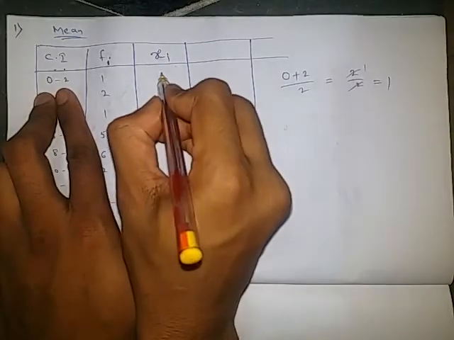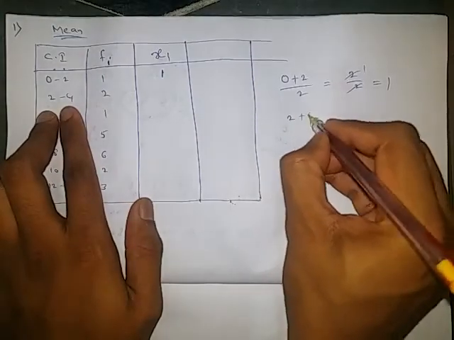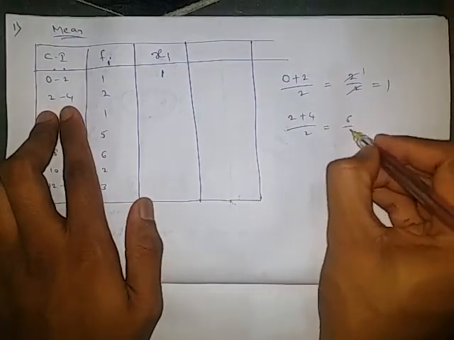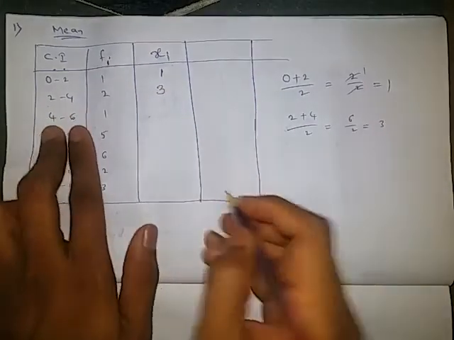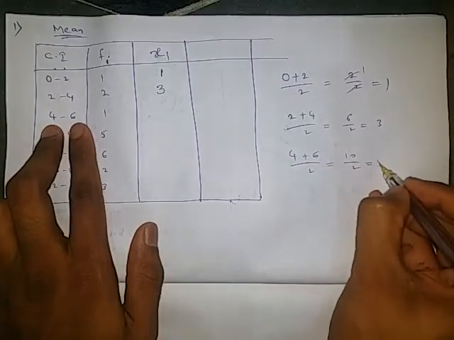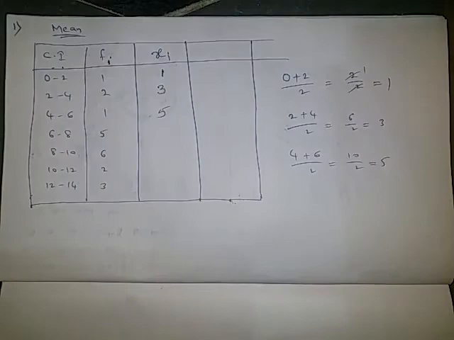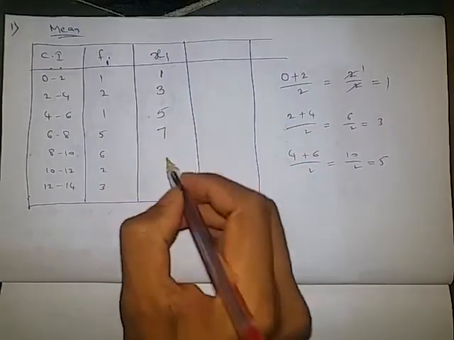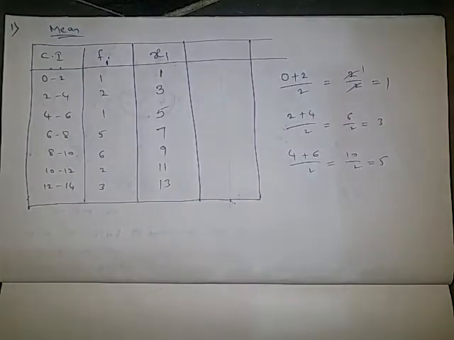So here the class mark is 1. Next, 2 plus 4 by 2, 6 by 2, that is 3. So the class mark is 3. Next, 4 plus 6 by 2, that is 10 by 2, which equals 5. So the class mark is 5. 1, 3, 5, next will come 7, next 9, then 11, then 13.